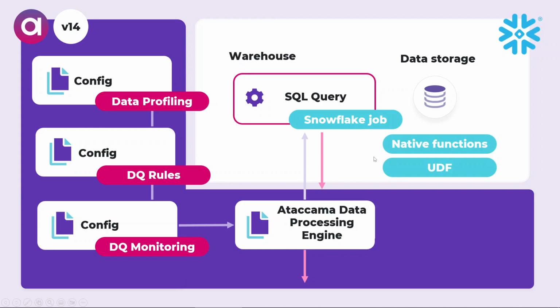The Snowflake job is processed on the warehouse, and only the results, typically aggregated results, are then sent to Ataccama DPE and stored in our own storages. So the results can then be displayed again in the application in the form of the profile, the data quality report, as we saw before.